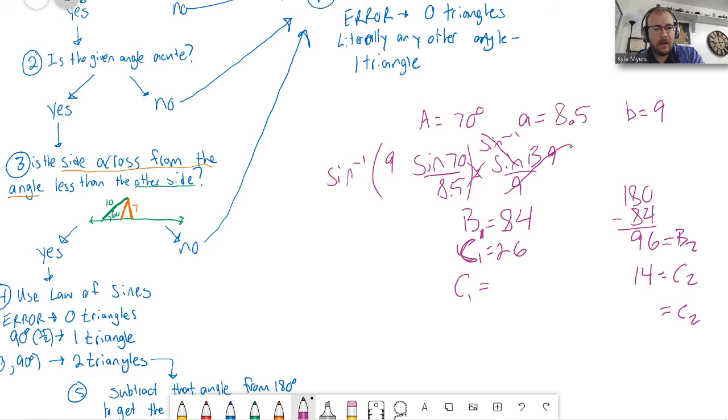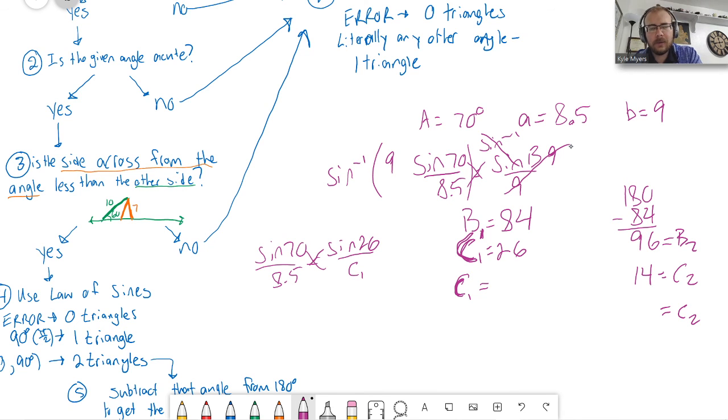So this is uppercase, and this is lowercase c for the side length. For both of those, I set them up the same way. I could just use the sine 70 over 8.5 again, because that's the same in both triangles, and then I use my C values. So it would be sine 26 over c, and the same thing for the other one.